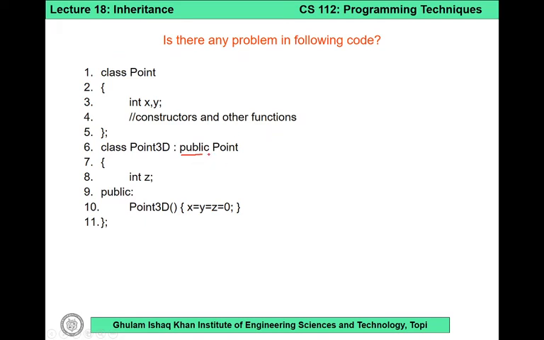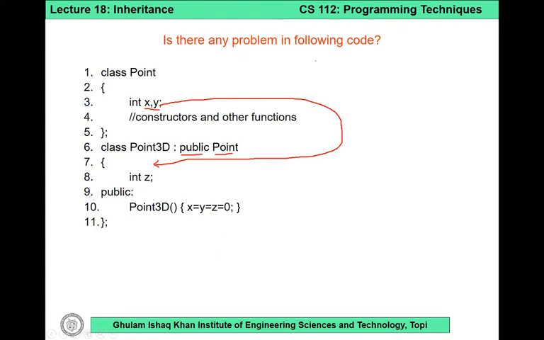Then I will be explaining it. And then the name of the parent class, which is the point class. So what happens is that the point class's two variables will automatically be available here. You don't need to declare these here, these will automatically be available here.